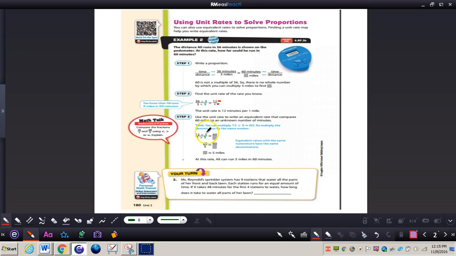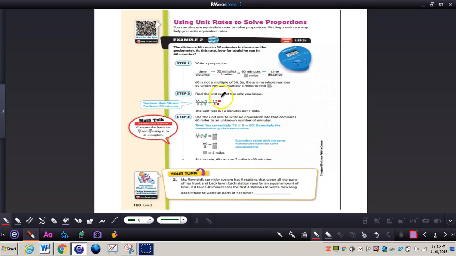And since you multiply that part of your ratio to get to 60, you need to multiply the 1 mile by 5 as well. So now you can see the equivalent rate is 60 minutes running 5 miles, or 5 miles in 60 minutes. So we can see at this rate, Ali can run 5 miles in 60 minutes.